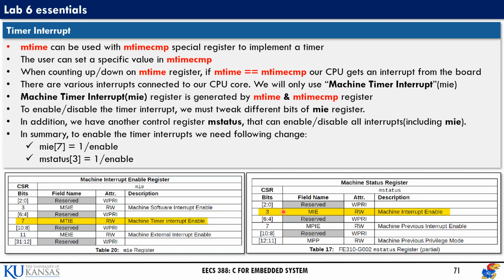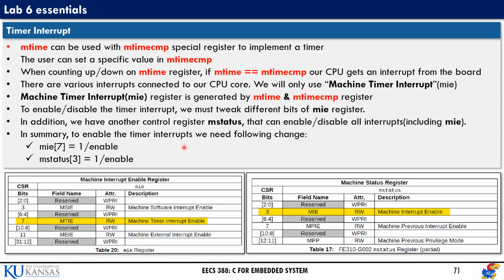So we need to use bit 3 of the mstatus register, and for the MIE register we need bit 7, that is machine timer interrupt enable. We have to set this bit from 0 to 1 to pass an interrupt signal to our CPU.